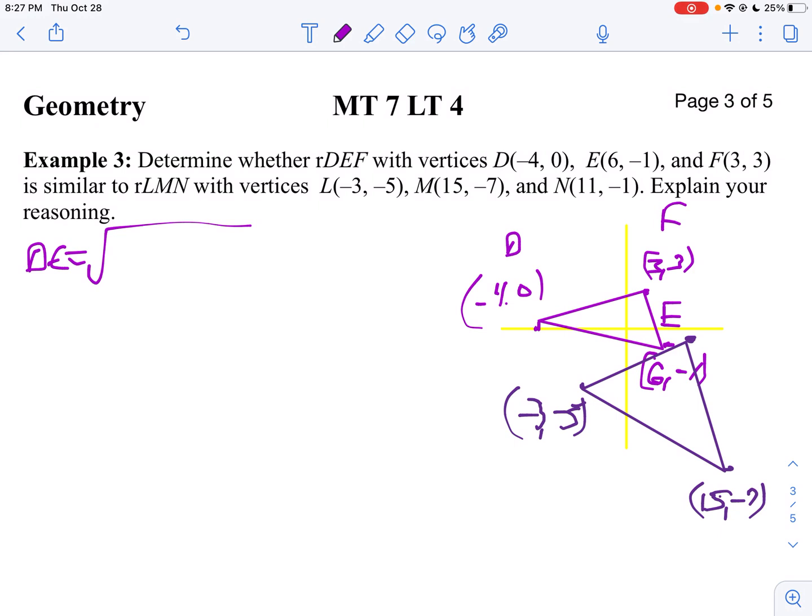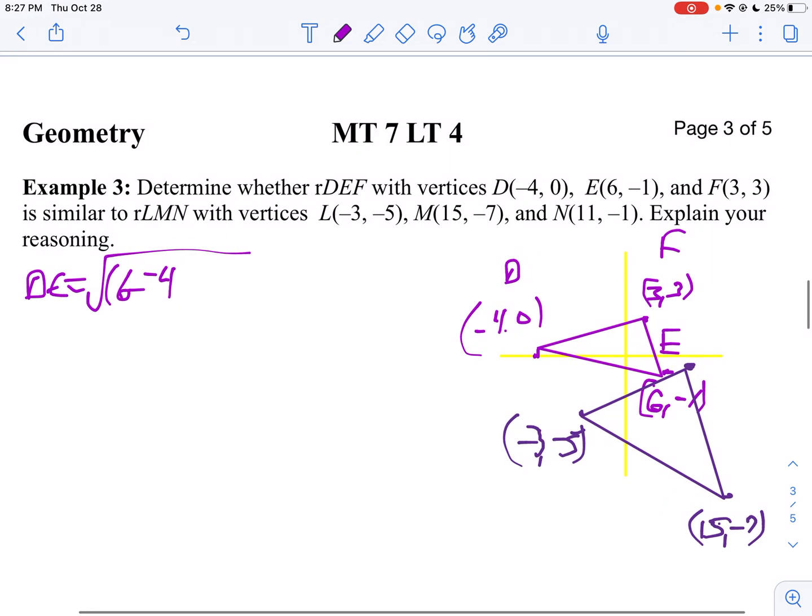So I'm going to say 6 minus a negative 4, square that, plus, and then I'll subtract my y's. It'll be negative 1 minus 0 squared.